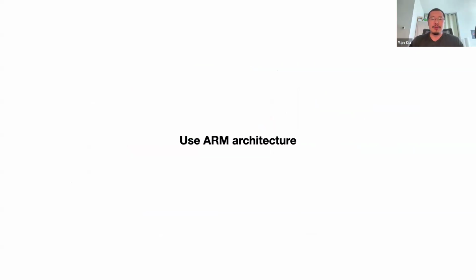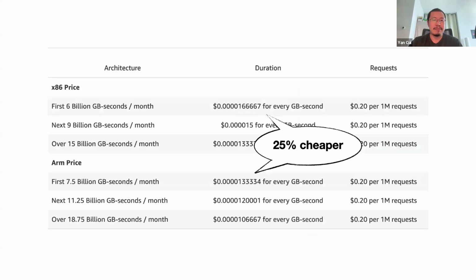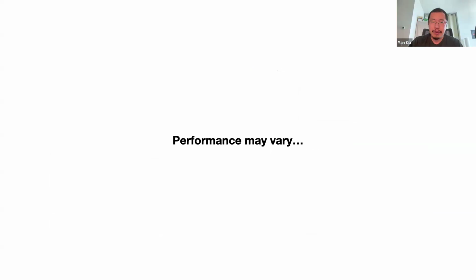Another thing you can do is switch from x86 to ARM architecture, because ARM per millisecond of execution time is 25% cheaper. However, performance between x86 and ARM can be pretty dramatic. When AWS announced support for ARM architecture way back, I think they quoted that ARM is 25% cheaper per millisecond plus 19% faster performance-wise, so overall you get about a 34% reduction in total cost.